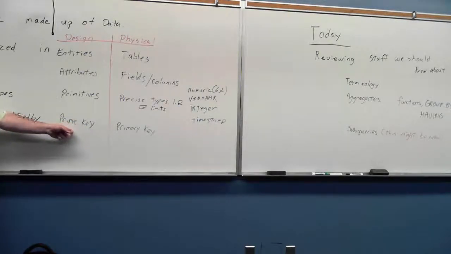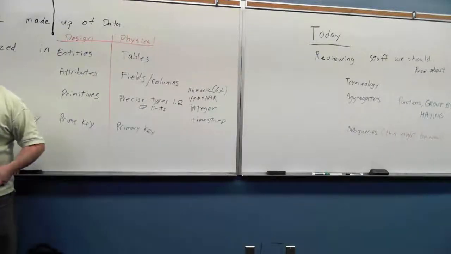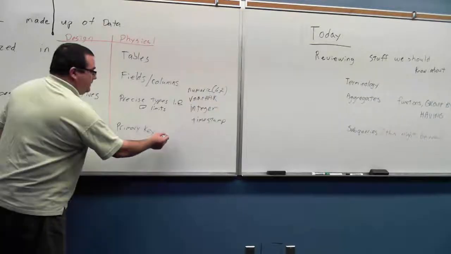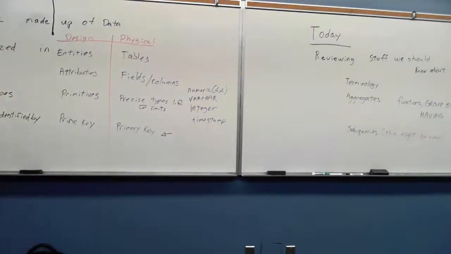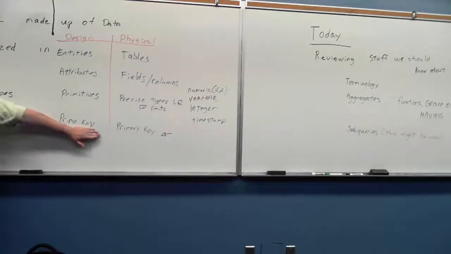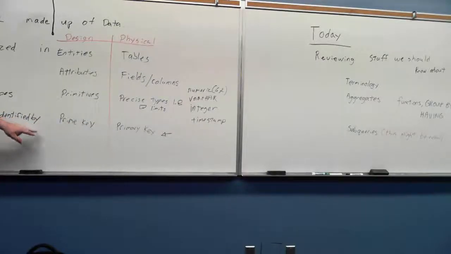But up till a few years ago, prime was when you were doing the design. When you started doing the physical, it became the primary key. By the way, primary key is the word that's supposed to show up on the exam. We just finished negotiating terminology for the exam. But you should know that in case primary key doesn't get replaced ever in the exam, the word prime key might show up. They mean the same thing.